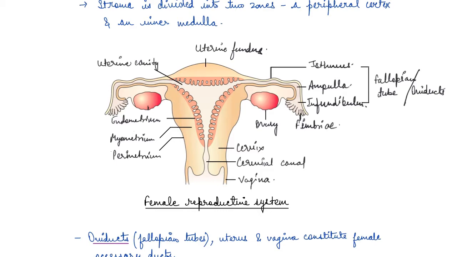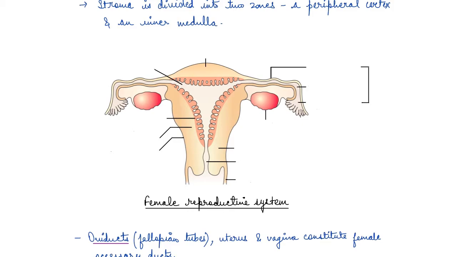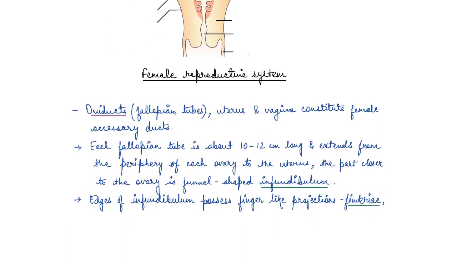Now, the female external genitalia includes, so let's see what all things the female genitalia includes. We have already covered ovary, then we have covered oviduct or the fallopian tube, and we have covered uterus, right?